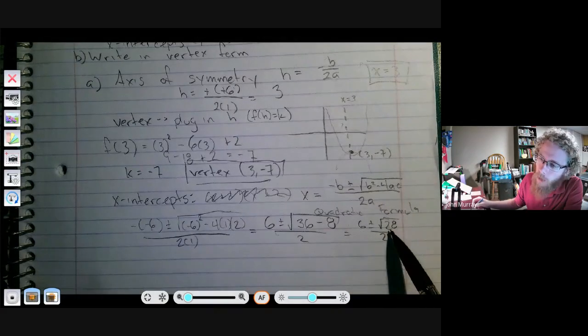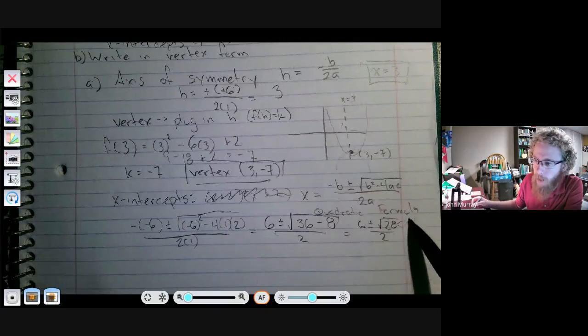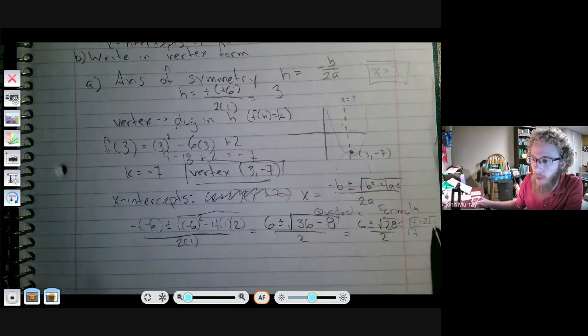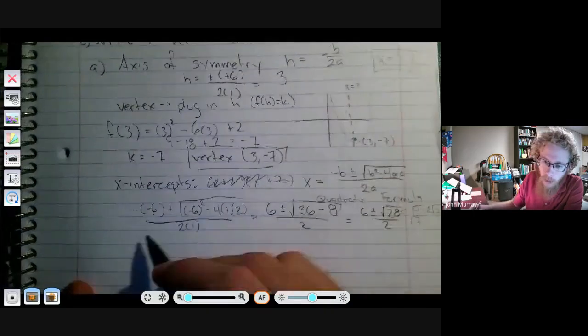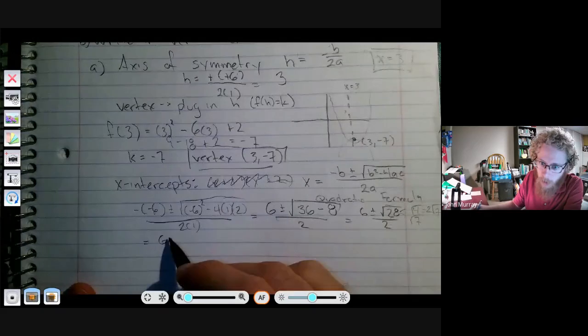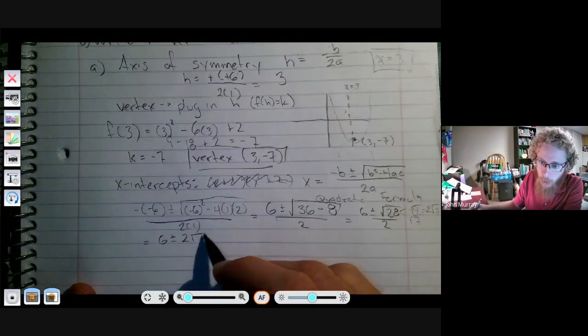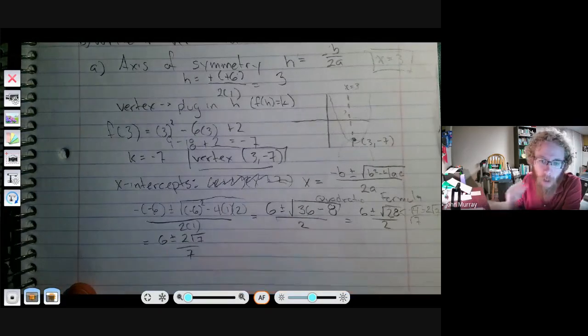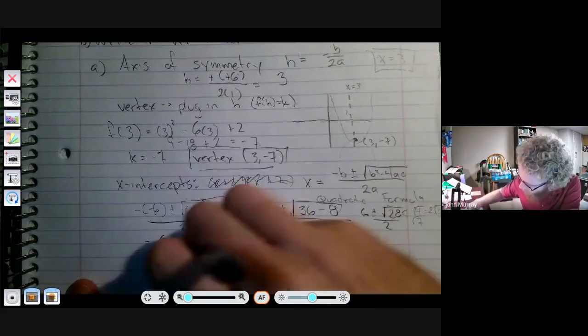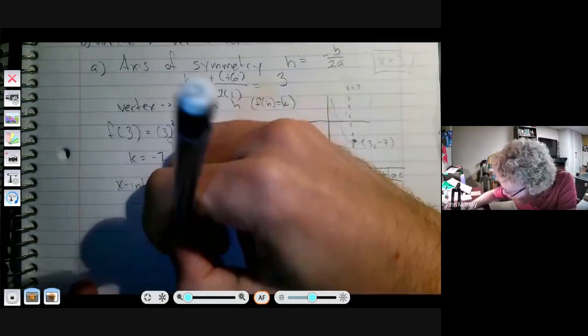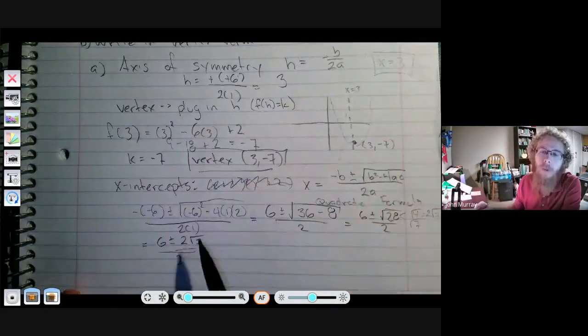Okay. So factors of 28 are 4 and 7. So we can take the square root of both. The square root of 4 is 2. Can't do anything with 7. So that becomes 6 plus or minus 2 root 7 over, oh, no, I'm sorry, over 2.